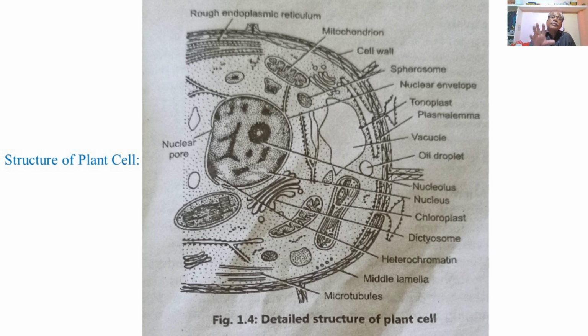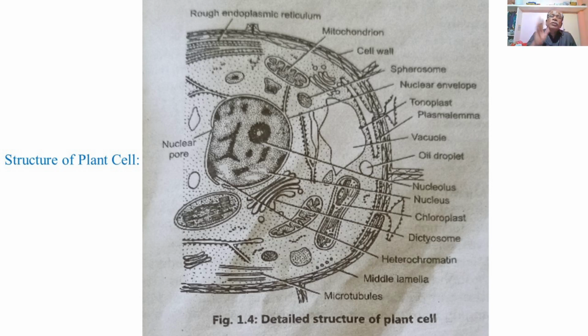So chromatin material in the form of chromosomes, different types of RNAs, different types of proteins, ribosomes, and nucleolus are the various components enclosed in the nuclear membrane, called nucleoplasm, and also possessing a definite number of chromosomes in the nucleus of the plant cell.